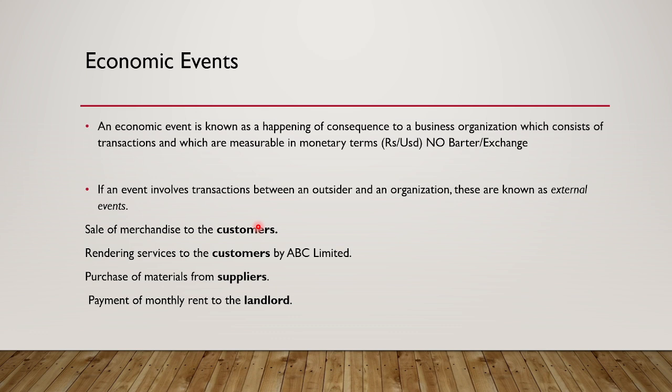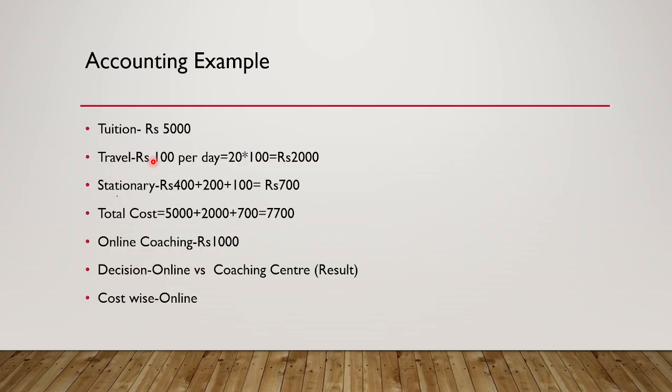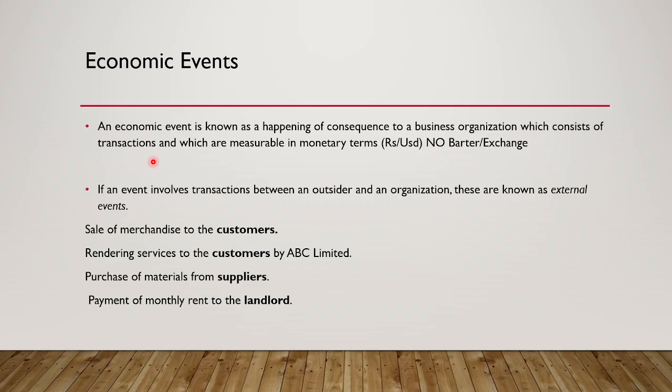Now this is going to be economic events. As I told you, this has to be measured in monetary terms. Like if you have spent on tuition 5,000, you should be able to convert that into 5,000.